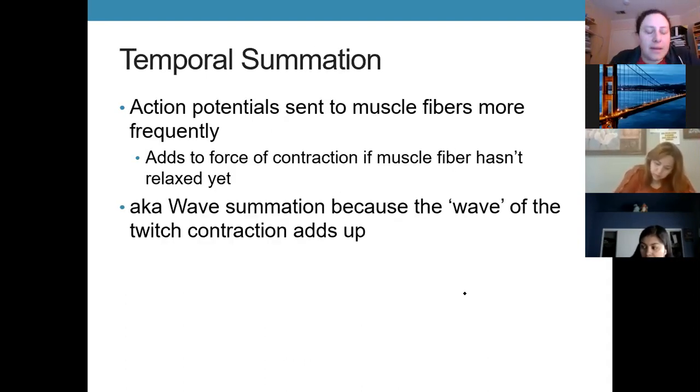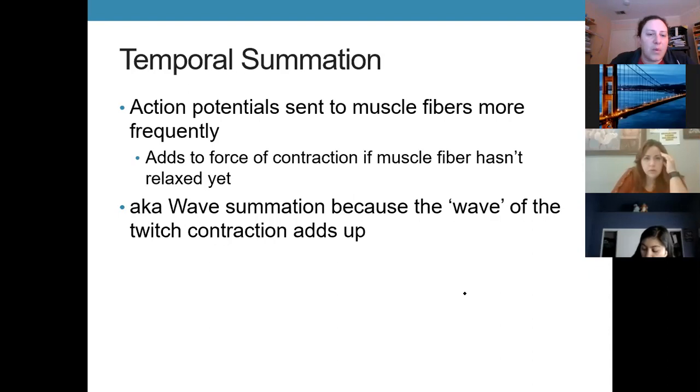So the way we like to teach this is we look at all the different ways that we can increase the stimulus. How do we stimulate more myofibrils? Well, there are a lot of different ways. The first way is to simply send more stimulations in the same amount of time.